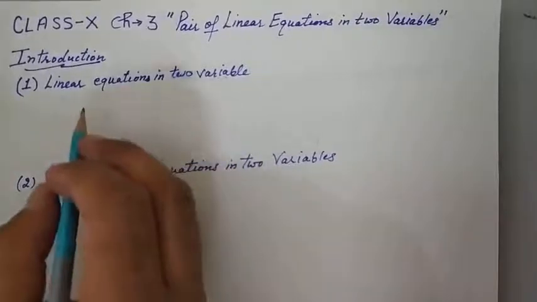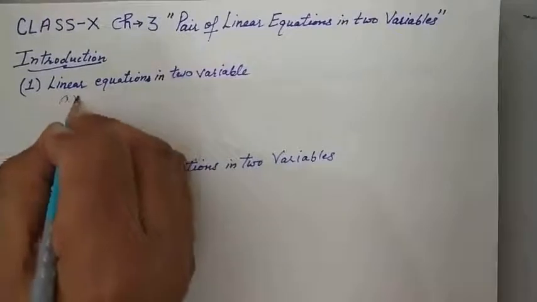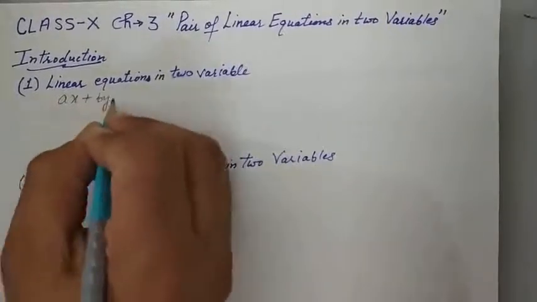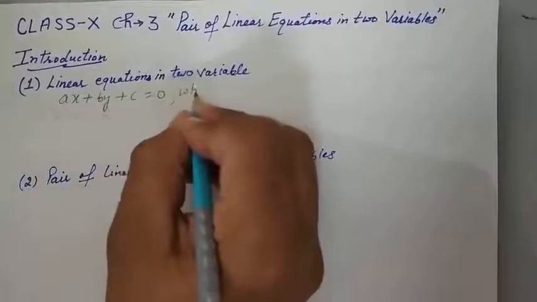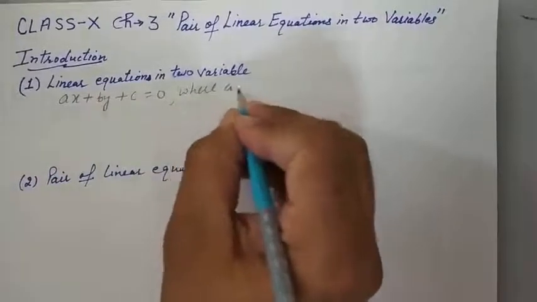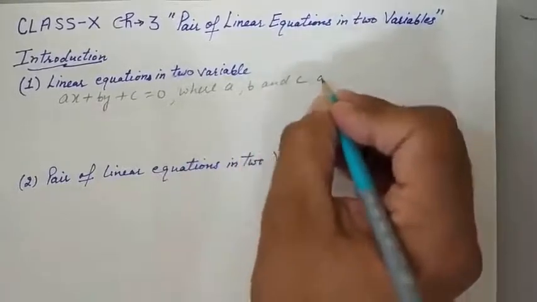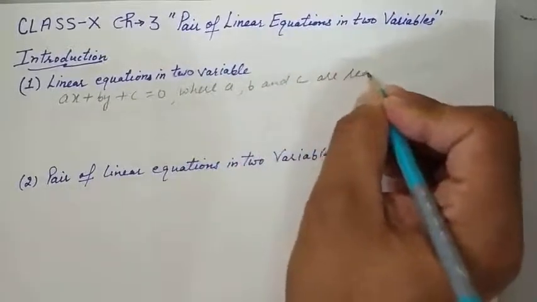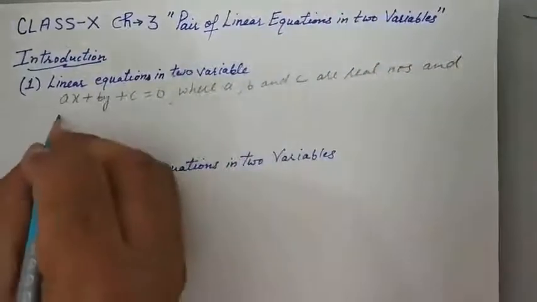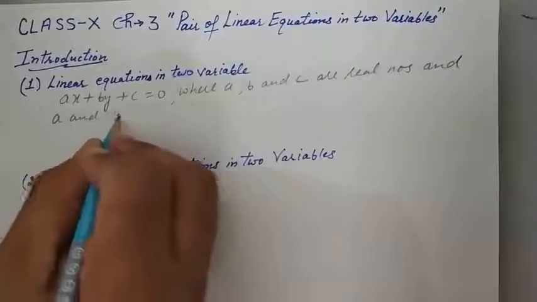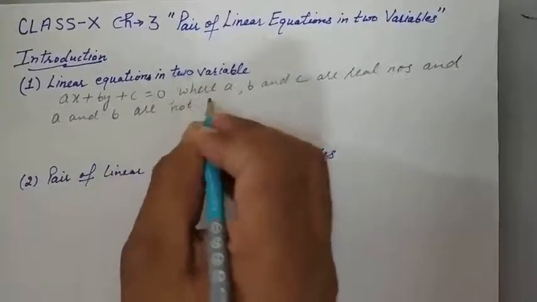So the general equation of linear equation in two variables is ax plus by plus c is equal to 0, where a, b and c are real numbers, and a and b are not both zeros.